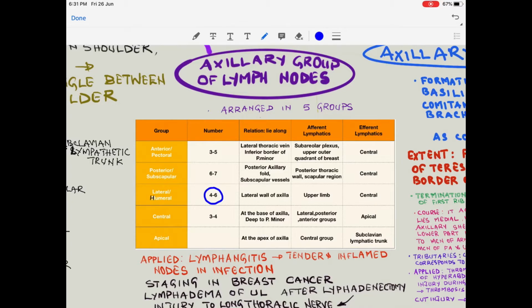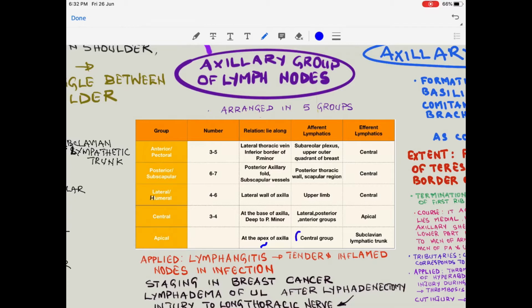Now the central group of nodes, 3 to 4 in number, they lie at the base of the axilla deep to pectoralis minor muscle. The afferents are coming from all these 3 groups and efferents are going to the apical group of nodes. Now the apical group lies at the apex of the axilla.